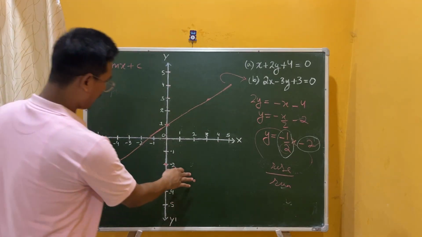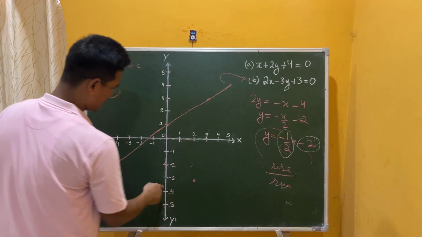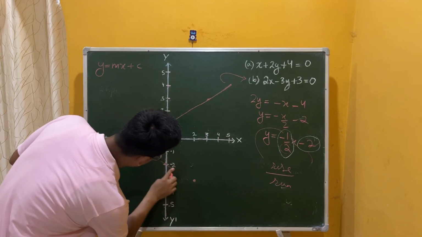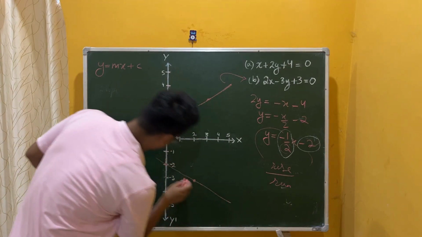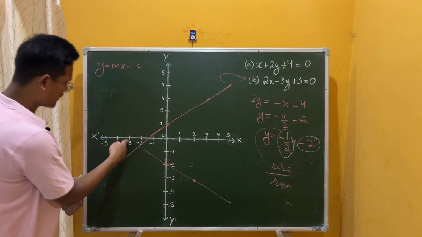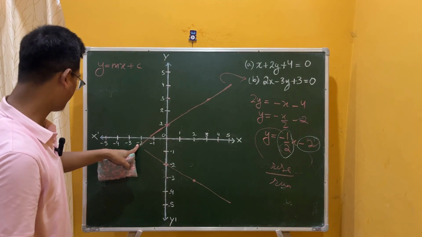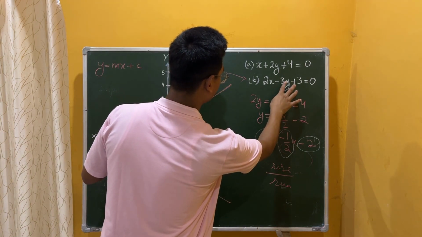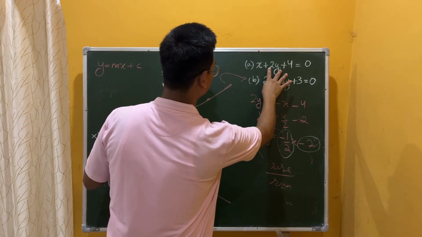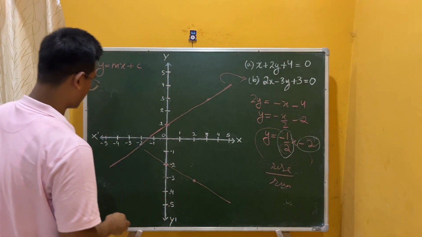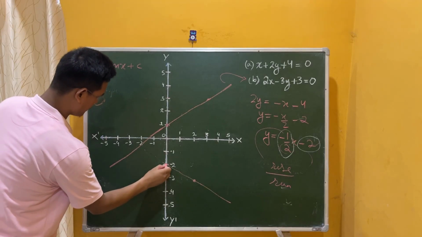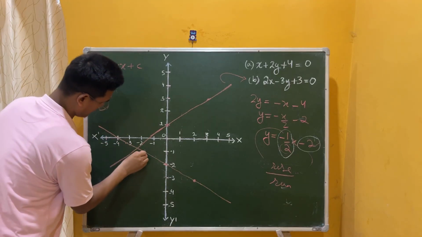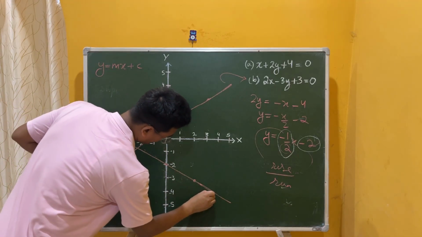So you got 2 points here, and now you can join the line, something like this. And where it passes through the x-axis, y equals 0, x is minus 4. It should pass through x equals minus 4.